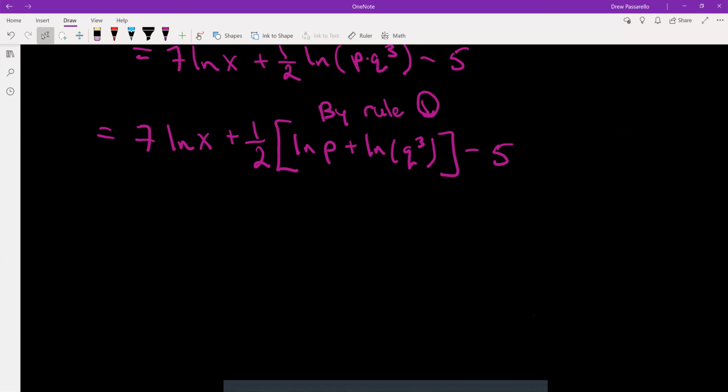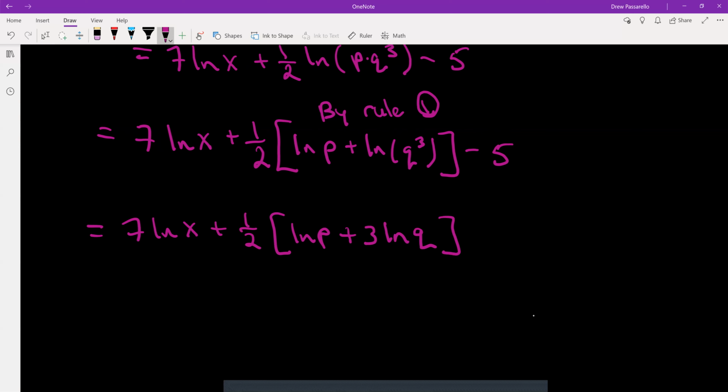Now I'll keep going. So I have 7 times natural log of x plus 1/2, and then times natural log of p. And because the q has an exponent of 3, I'm going to bring the 3 in front of the natural log. So it'll be plus 3 times the natural log of q. And then all of that's in brackets because that 1/2 is applied to that whole thing.